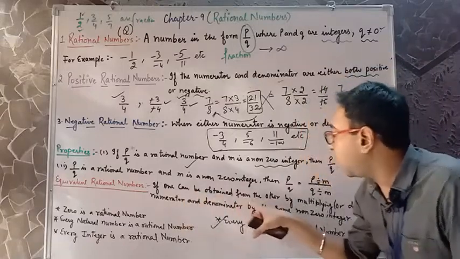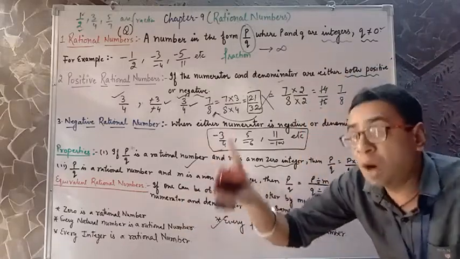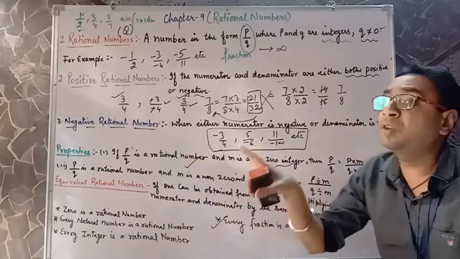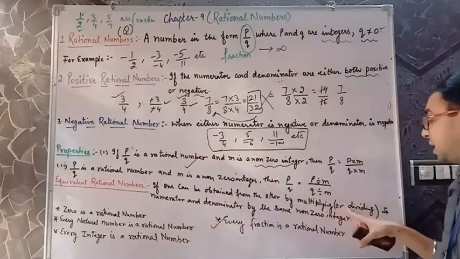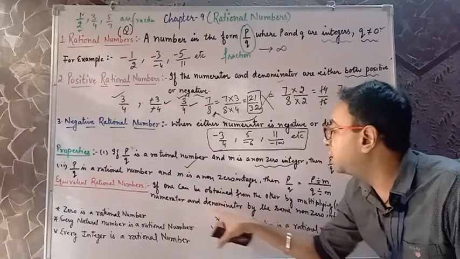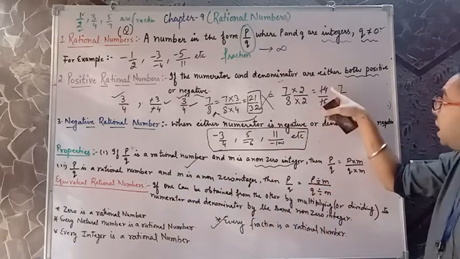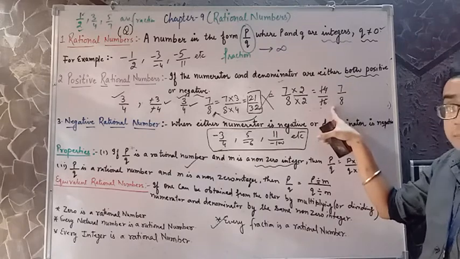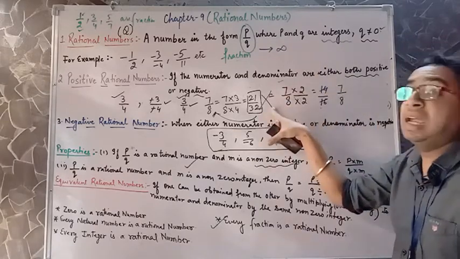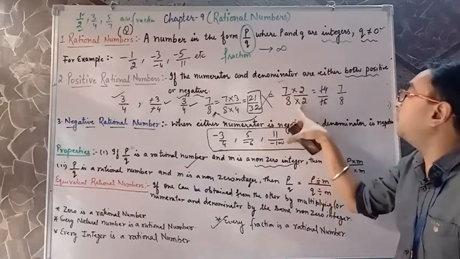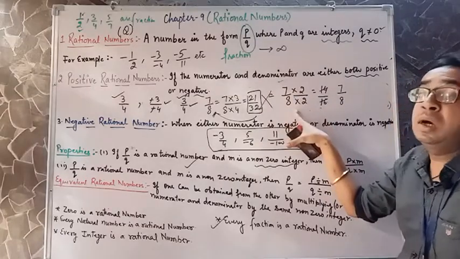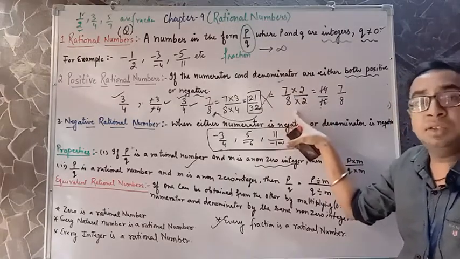If one rational number can be obtained from another rational number by multiplying or dividing its numerator and denominator by the same non-zero integer. This is what happened. I obtained 14 by 16 from 7 by 8. How? By multiplying numerator and denominator with the same non-zero number, that is 2.